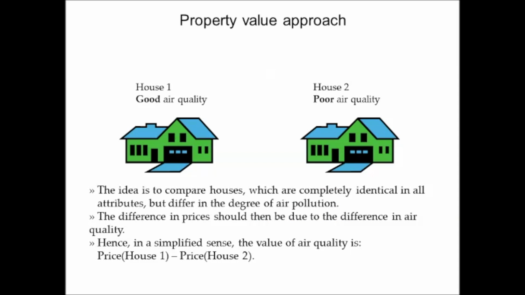Another example for a revealed preference approach is the so-called property value approach. The property value approach is used, for instance, when we want to find the value of regulating ecosystem services such as provision of clean air. How does it work? We know that we have different levels of air quality in different parts of cities.